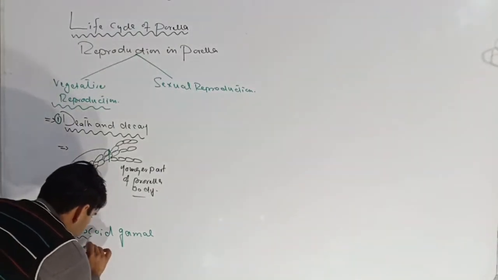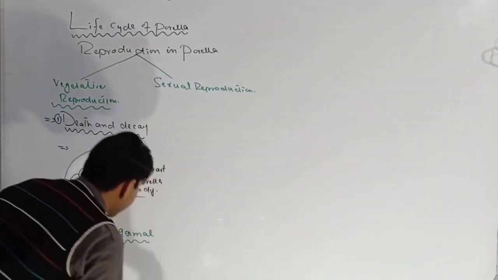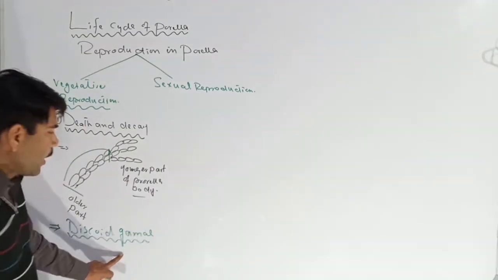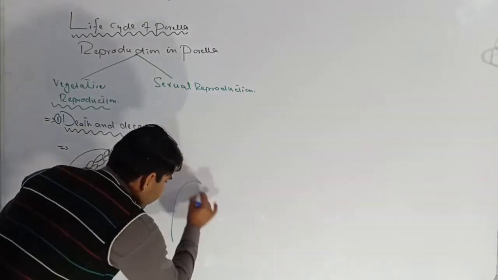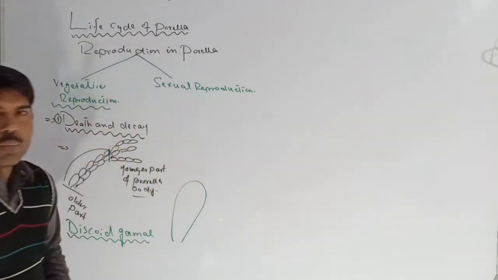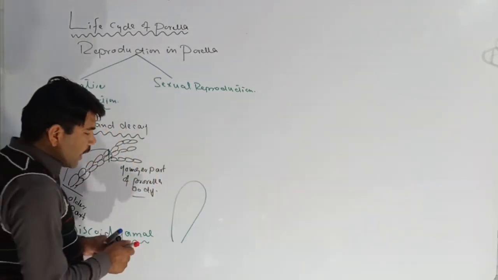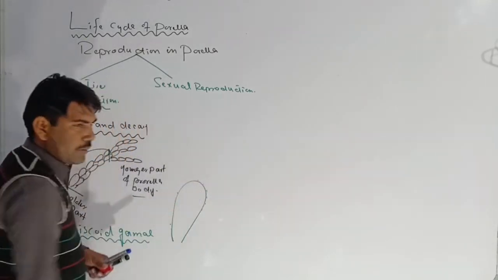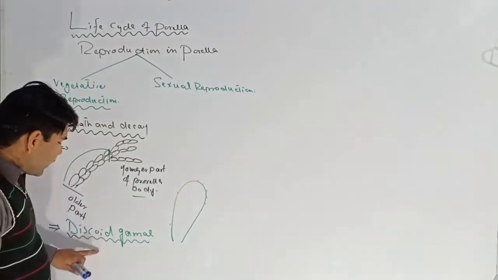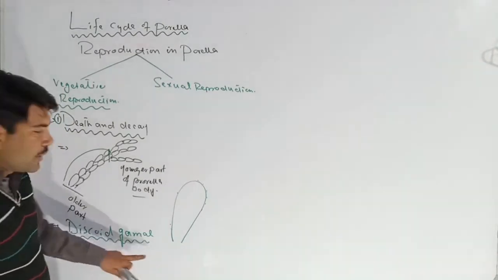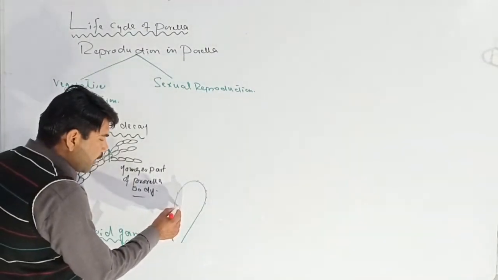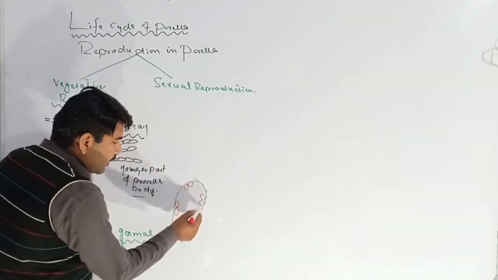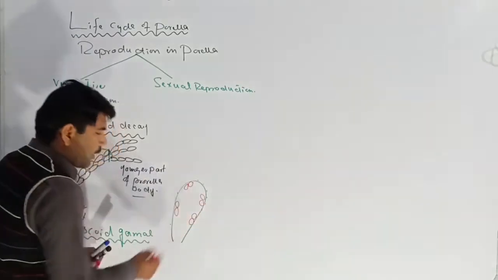Firstly, these are structures present at the margins of the leaf. For example, this one is a leaf of Porella, and we know that these are the margins of the leaves. And these discoid gemmae are present at the margins of the leaves.